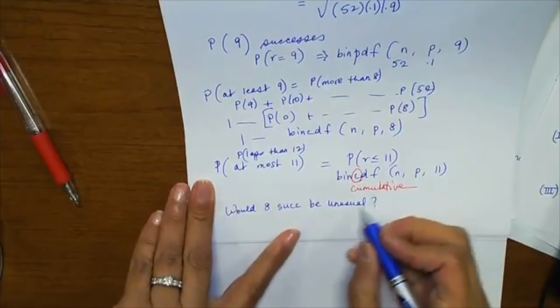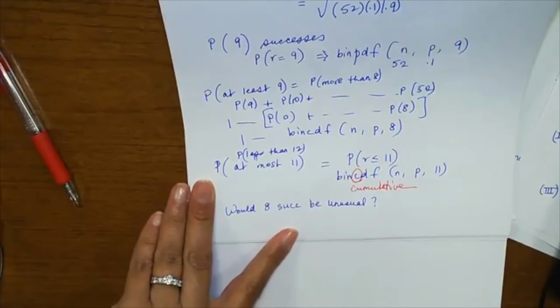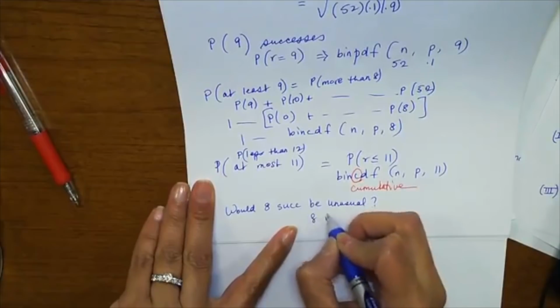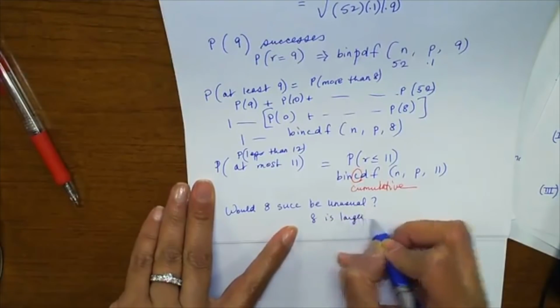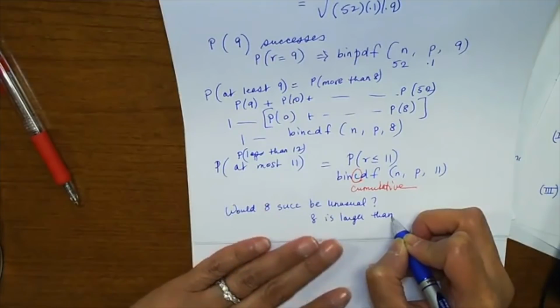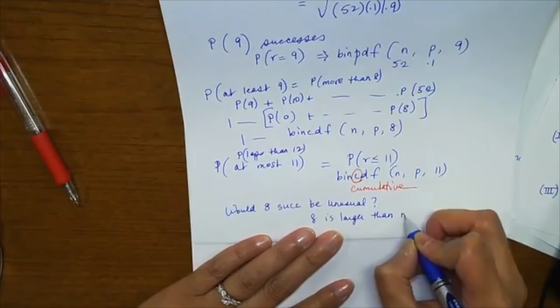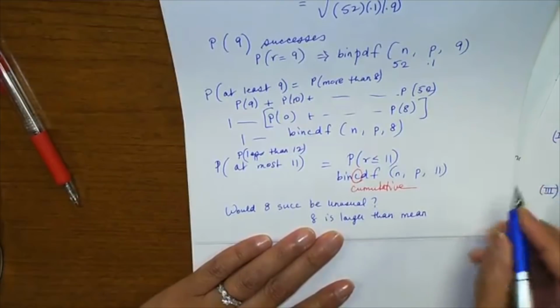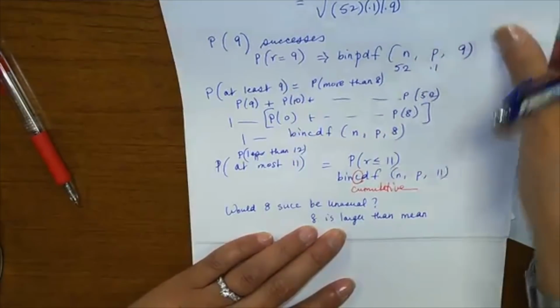No. So you have to find the mean. 8 is what compared to the mean? So 8 is larger than, so you're right. I just wanted you to tell me why. 8 is larger than the mean. So I want to draw a picture on the next page.